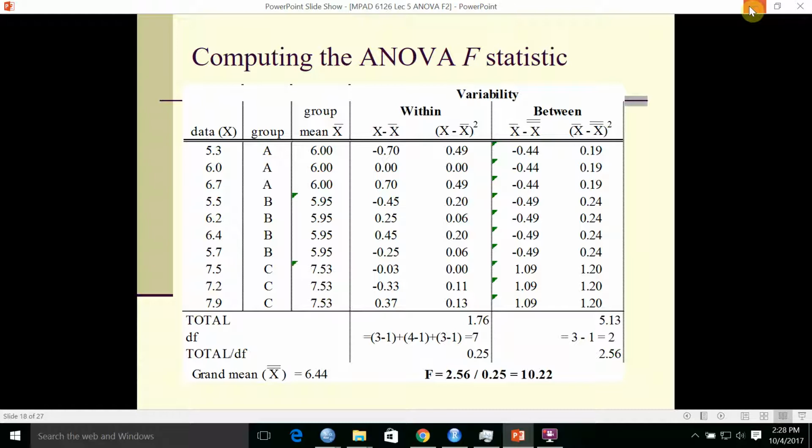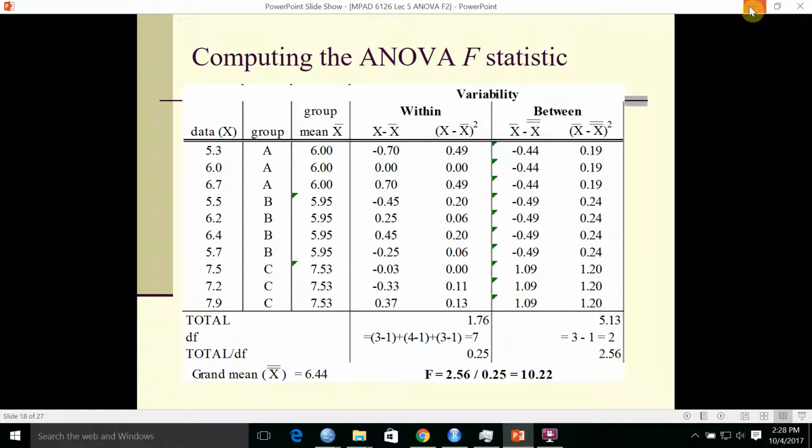Then we sum all of those up, 1.76. That total is the sum of squares. To get the mean squares, you take 1.76 divided by 7, and so the mean squares within is 0.25.